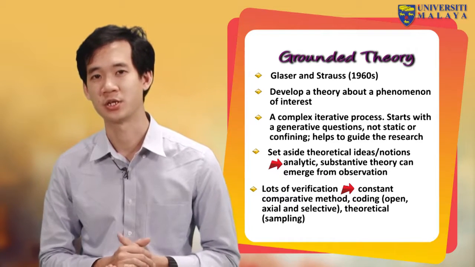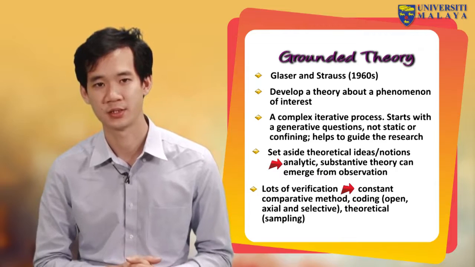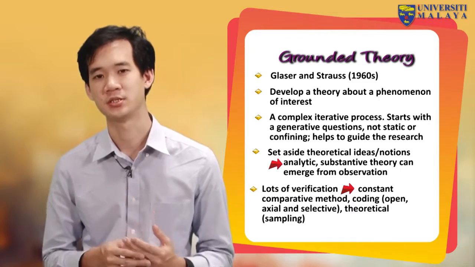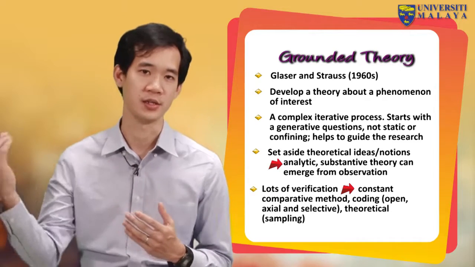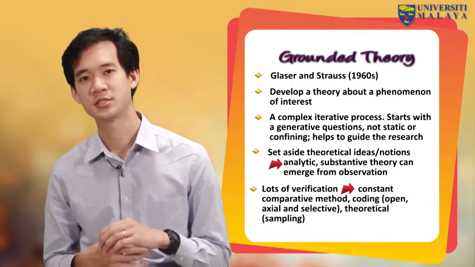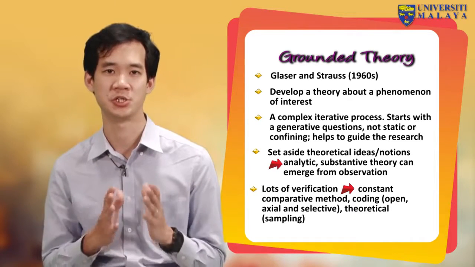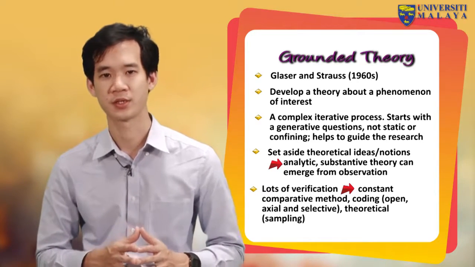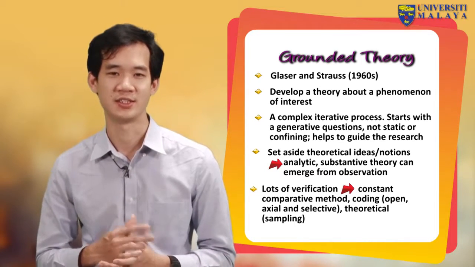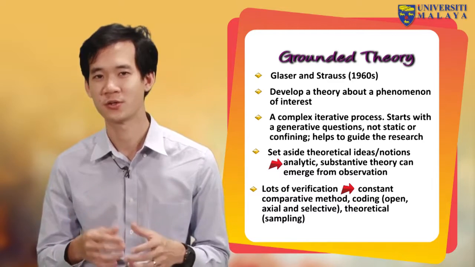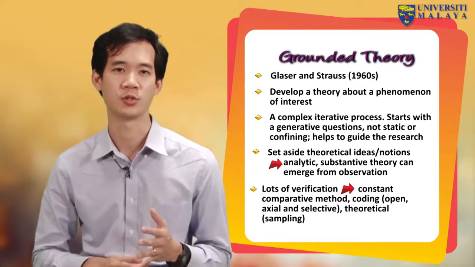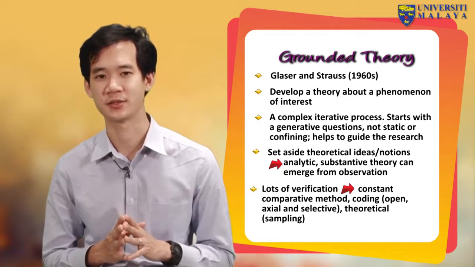They would use what is called the constant comparison method, which is a way of helping them to consciously and constantly compare incoming new data with existing old data, and to see if the data changes the emerging theory in any way. So during the process of data analysis, there is a prescribed or recommended way in grounded theory of how people are supposed to code or categorize this data.